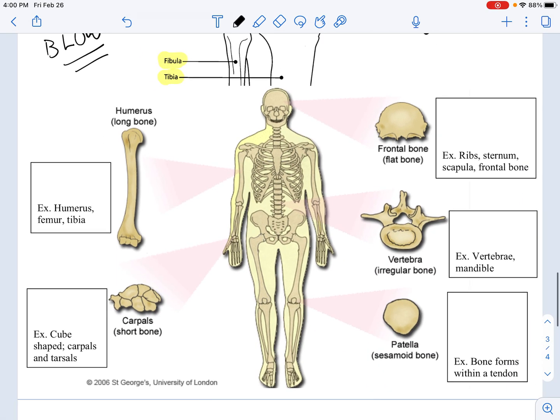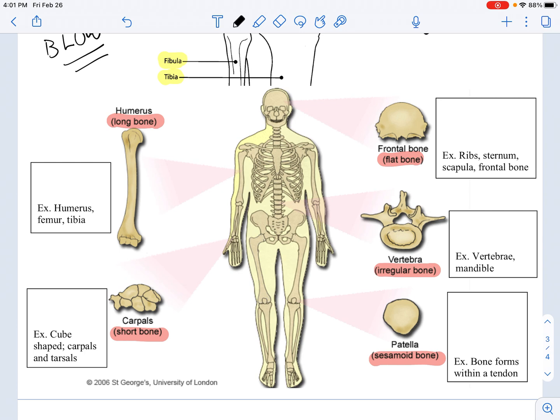Now, lastly, bones come in different categories based on their shape. There are long bones, short bones, flat bones, irregular bones, and a sesamoid bone, the largest being the patella. I'll come back to that one.